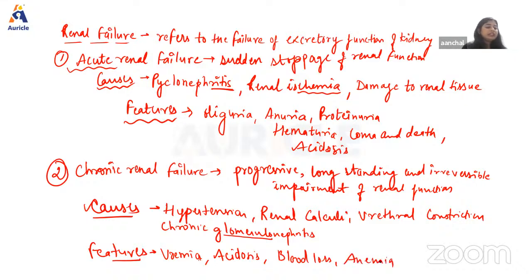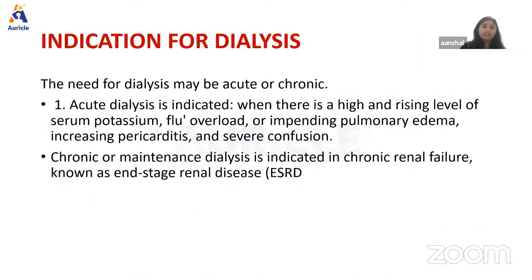So in these conditions, when there will be complete failure of the renal function, means kidney will lose its ability to purify the blood, in those cases the person will have the need of dialysis, or we call it artificial purification of blood, that is known as hemodialysis. Okay. So as we have discussed, the need for dialysis may be acute or chronic.